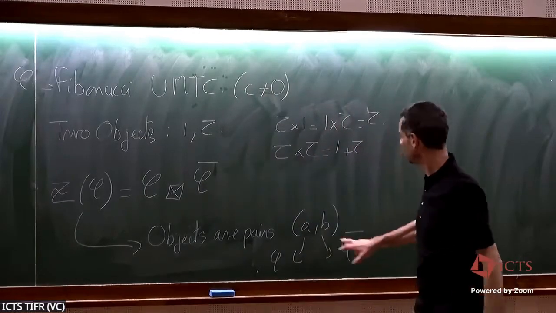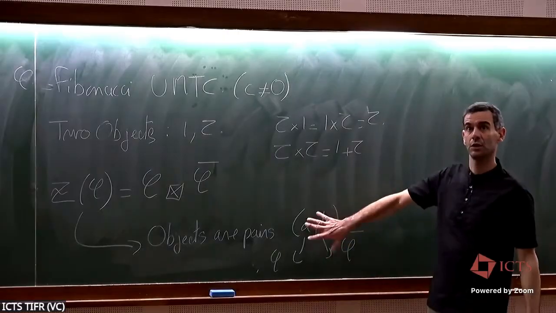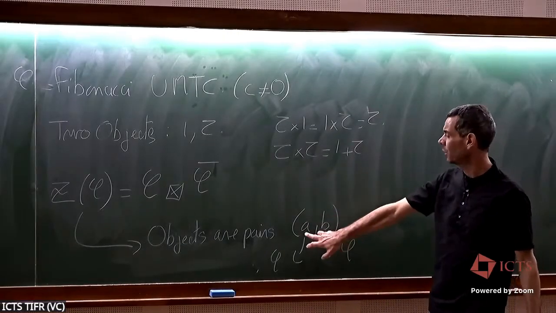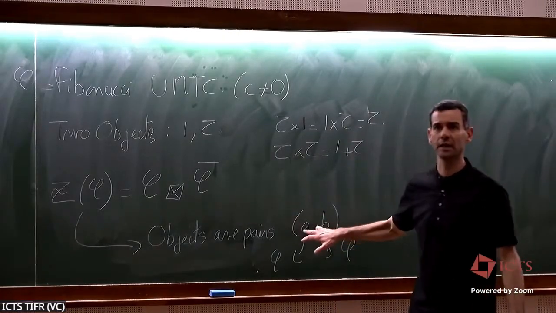I take one object with a chiral central charge C, the other one with C prime, and all objects of my Drinfeld center are just pairs of objects.